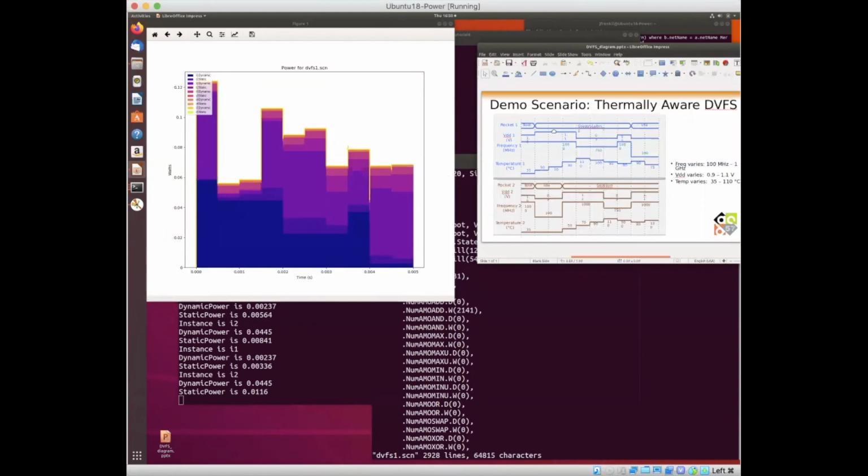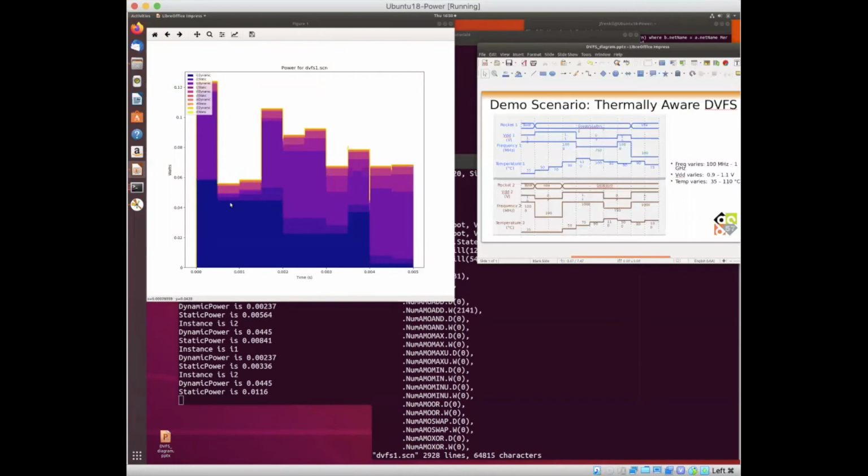instance I1 begins to execute a floating point dominated workload, while instance I2 is idling. So you see there's a fair amount of power consumption here for I1, not so much for I2. I should point out that some of the shading on these colors indicates that the darker ones are dynamic power, the lighter ones are static power.